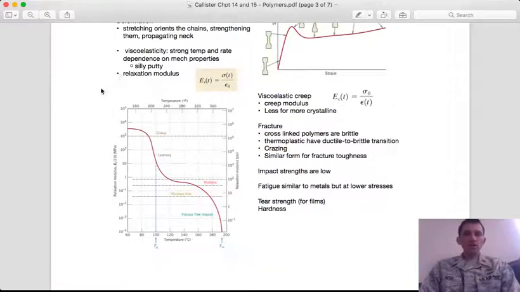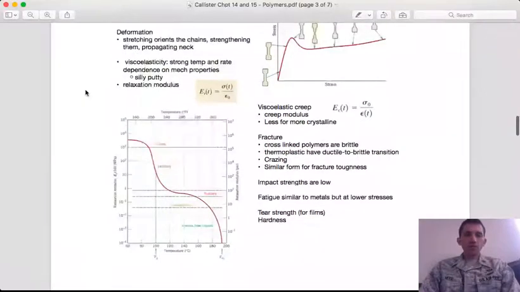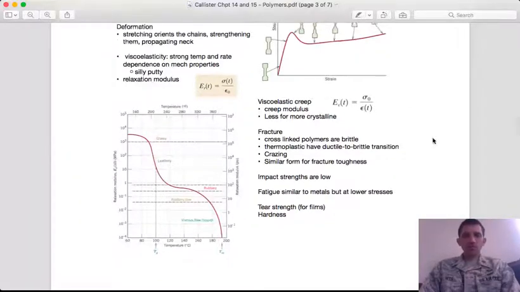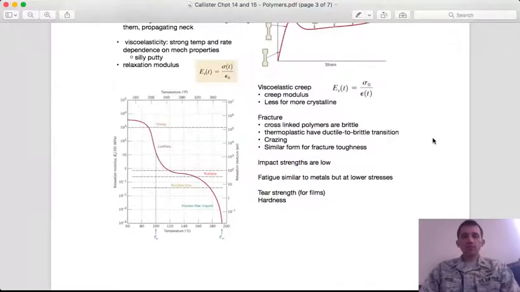And if you pull on it quickly, it'll basically snap. So silly putty is a polymer. It's an elastomer, and it gives you direct experience of the drastic dependence of the mechanical properties on the temporal application of the load.